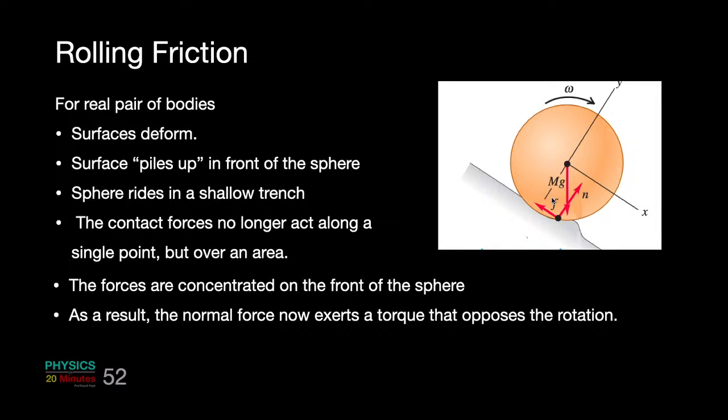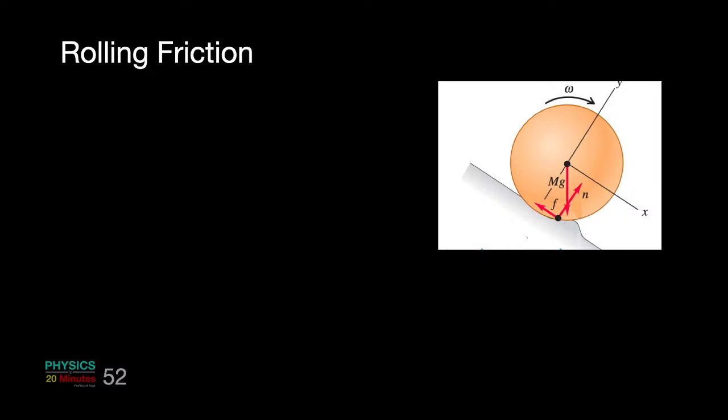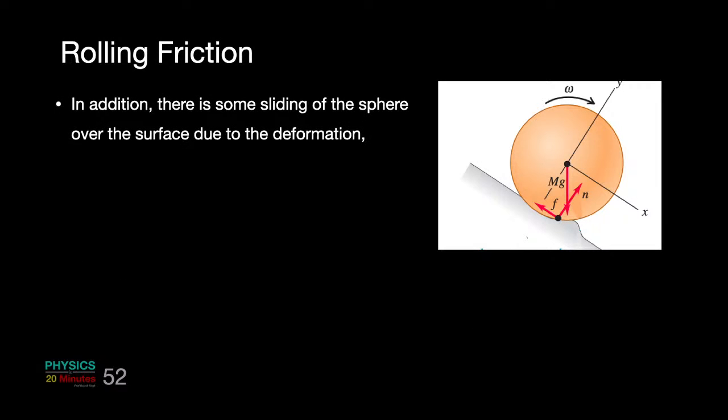Just that, the more rigid the surfaces are, this phenomenon would be very negligible. Now I have shown the deformation of the surface. The rigid body may itself get deformed sometimes. For example, if it's a tire or something, there may be some sliding in this trench that may happen. The rigid body may slide in the trench. It may not remain 100% static, and because of all these, some energy is lost again.